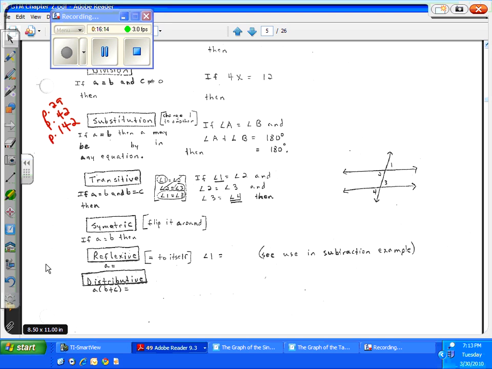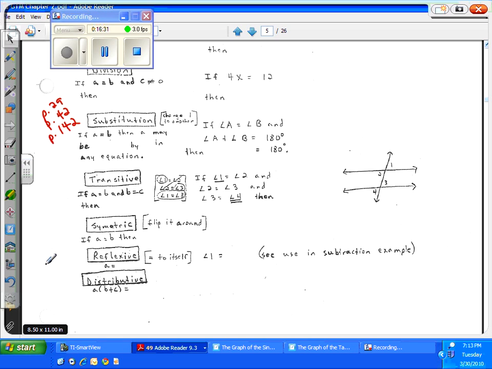I'm sorry, the substitution method of solving a system in the algebra text is page 142. So if you want to see some more real-life application of substitution, there's some good places to look, and that would be a good place to review your Algebra 1.